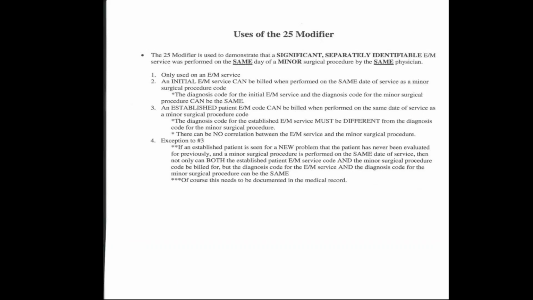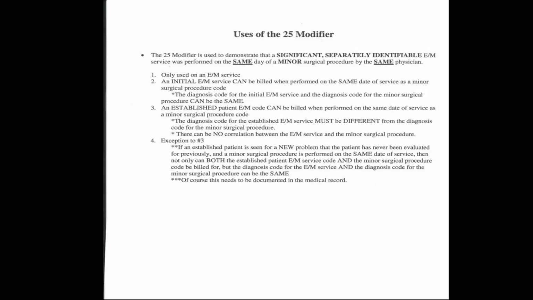If a physician, a provider, is audited by Medicare specifically for the inappropriate use of the 25 modifier, what you will find in the comment box every time Medicare rejects the use of the 25 modifier, it would say, failed to demonstrate that a significant separately identifiable E&M service was performed. The 25 modifier is only used on an E&M service. It's E&M specific.